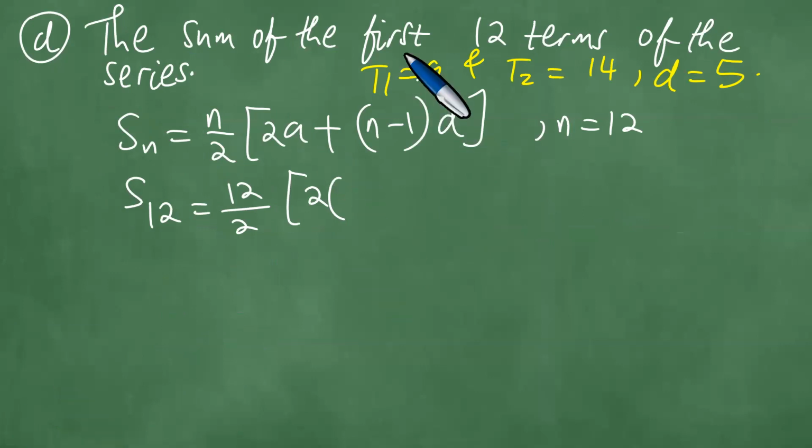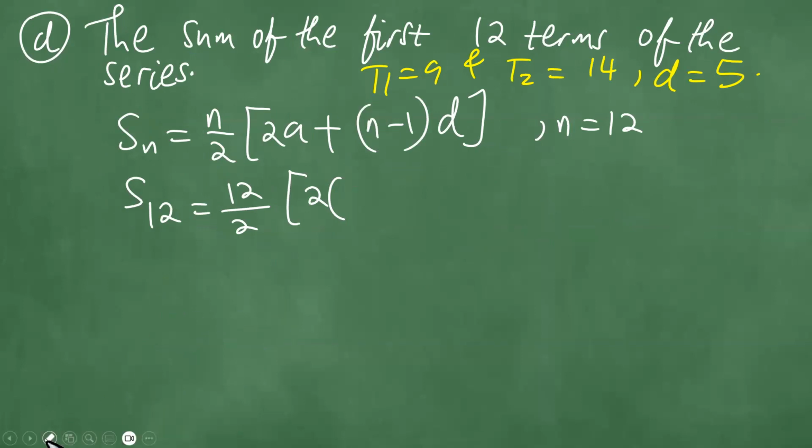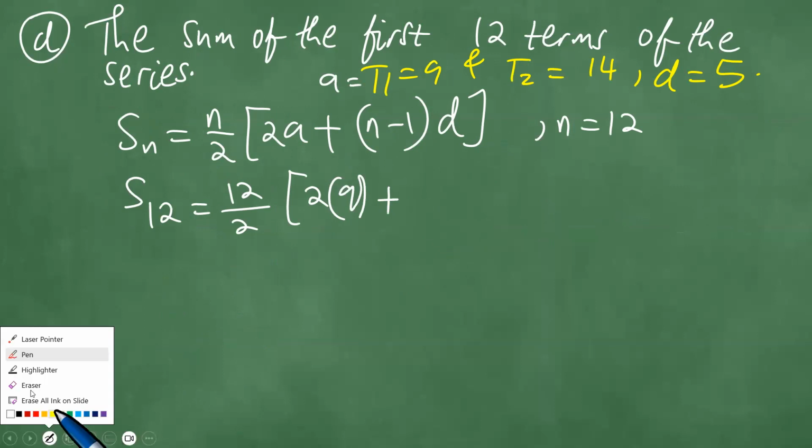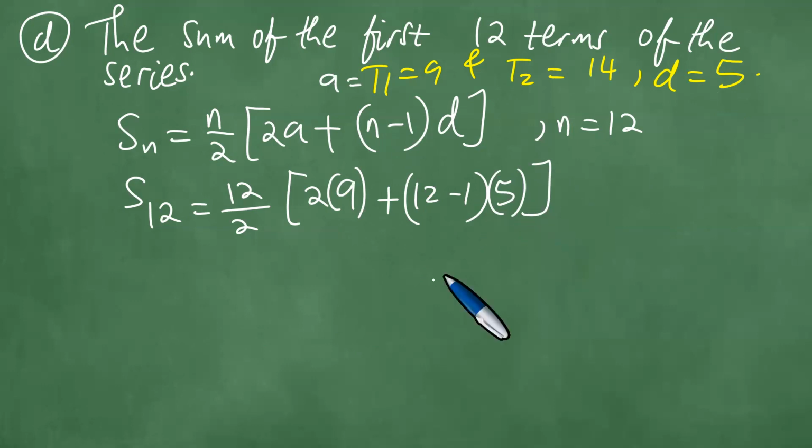We can use a couple of notations for the first term: A or T sub 1, T1. So A is 9, and n is 12. 12 over 2 is 6.